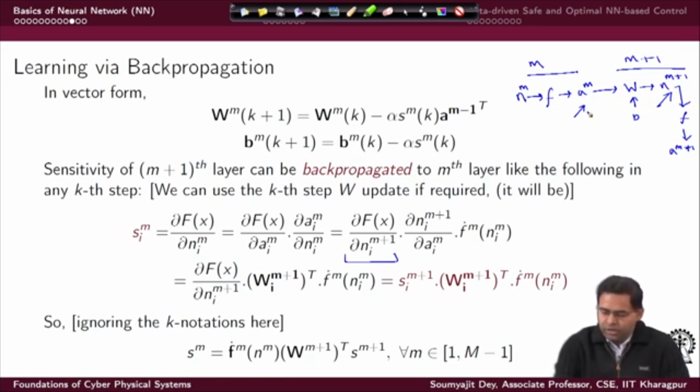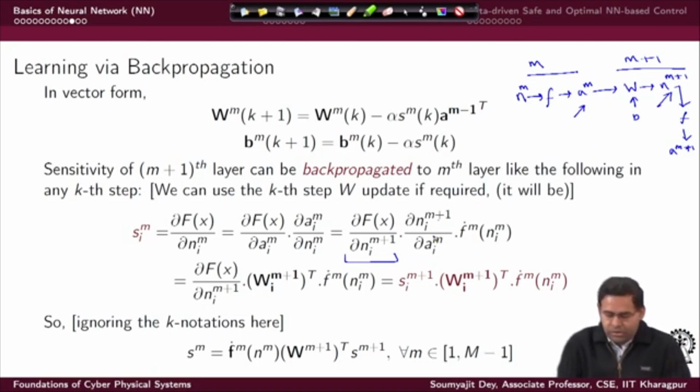Because we want to link up the different layers, we take the derivative of F with respect to the m plus 1th layer, and then take the derivative of N in the m plus 1th layer with respect to A in the mth layer. Okay. So if you do that, what does it come out to be?